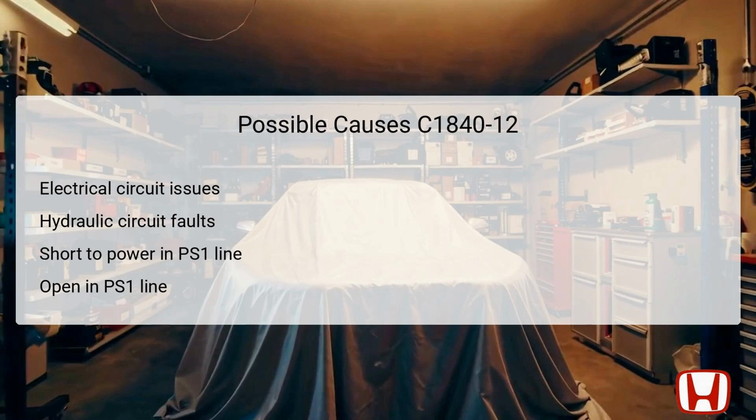Conversely, an open circuit within the PS1 line can occur if the wire is damaged or disconnected somewhere along its route, causing the sensor to report erroneous values. Each of these potential issues must be methodically assessed to isolate the underlying problem.